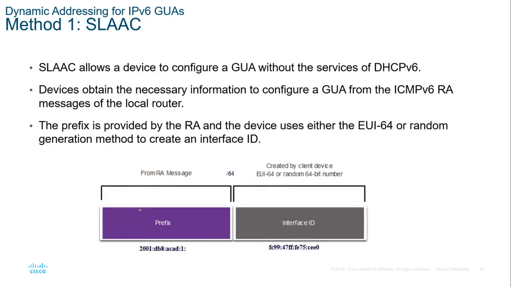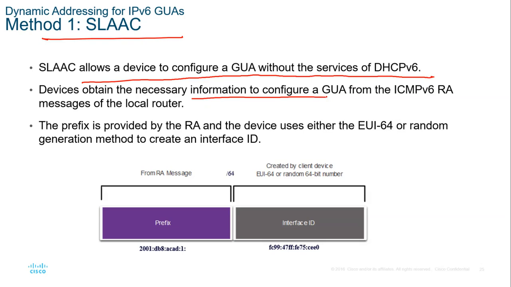So we talked about prefix and then the prefix length. So here, method 1 with SLAAC. SLAAC allows devices to configure a global unicast address without the services of DHCP version 6. The device obtains the necessary information to configure a global unicast address from the ICMP version 6 router advertisement message of the local router.